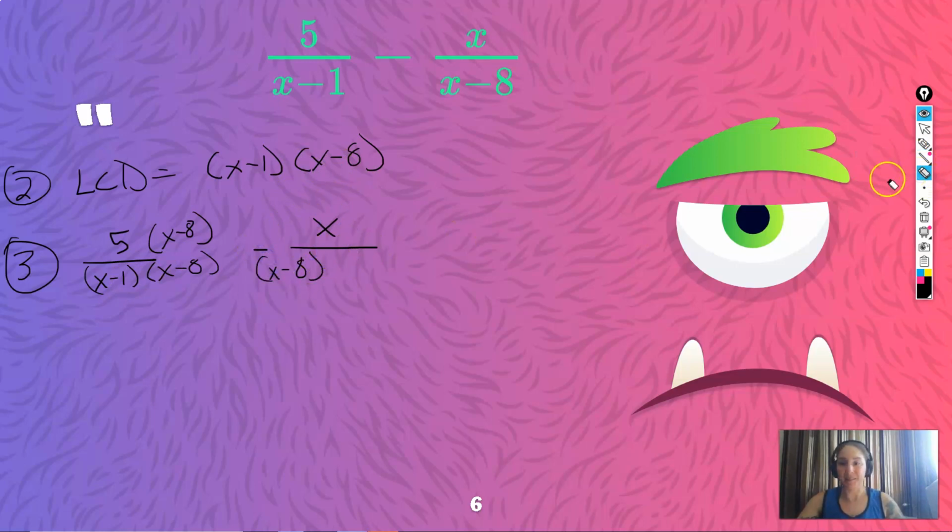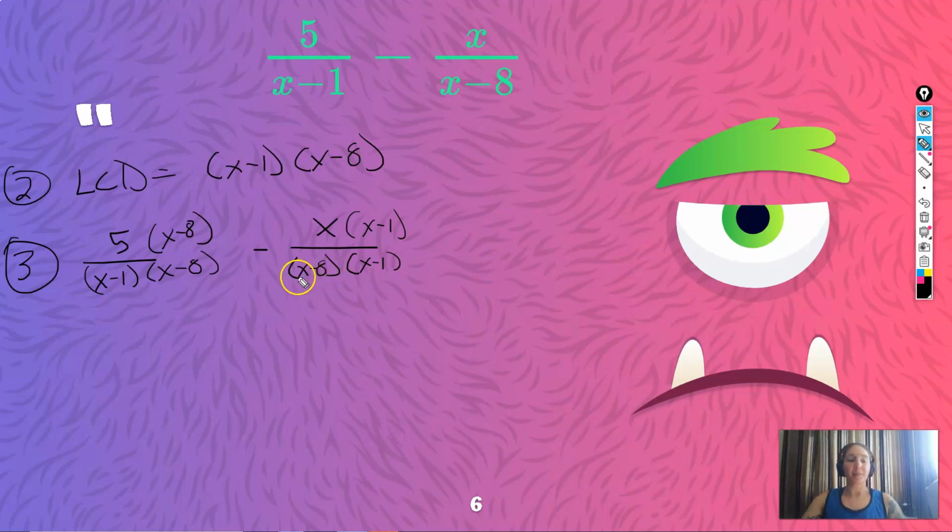Actually, let me erase that. That doesn't look so good. Okay. Now, how do I make x minus 8 look like x minus 1 times x minus 8? Well, what am I missing? I'm missing the x minus 1 piece, so I'm just going to multiply that in. Look, now I have matching denominators, right? Remember, multiplication is commutative, so it doesn't matter which way I write it. Now my denominators match. Great.